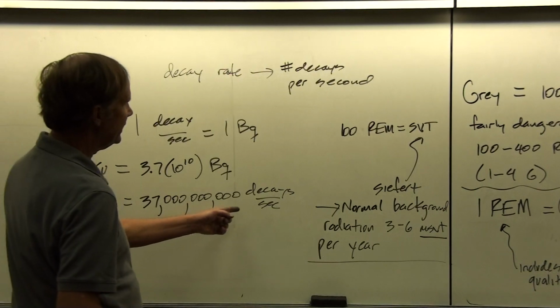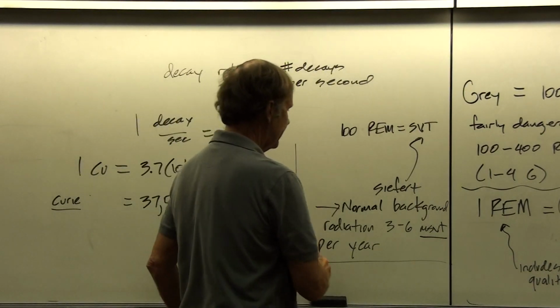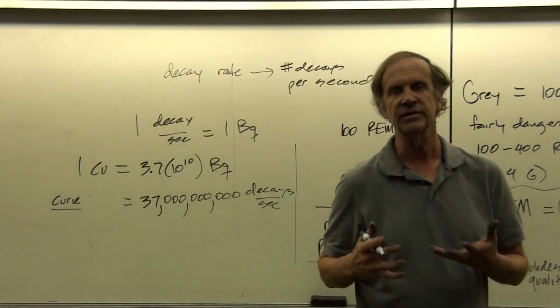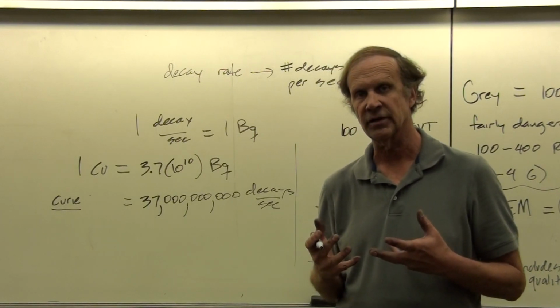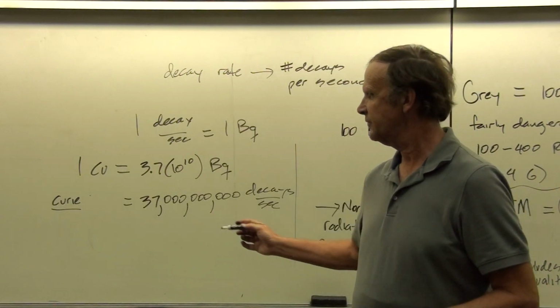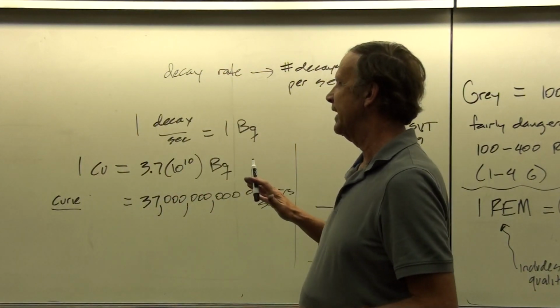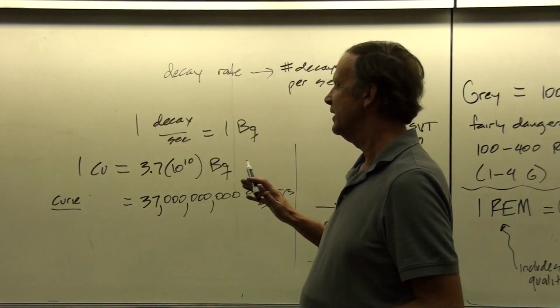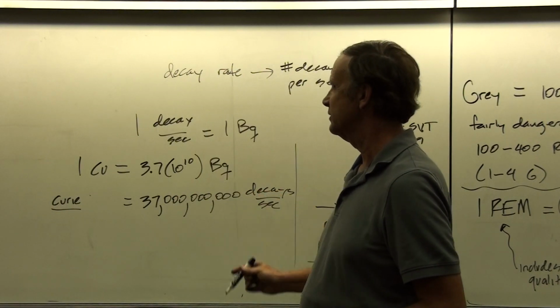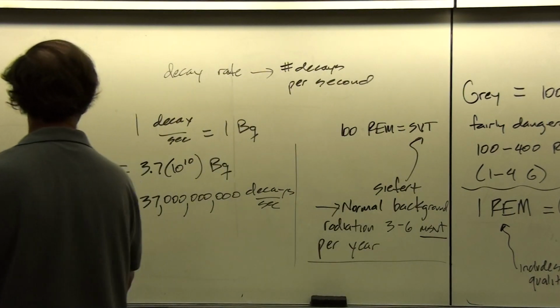Now a Curie has to be defined in terms of being a certain distance away from a radioactive source. So for example, if you took a source of radium and you were a certain distance away from it, then you would get a certain amount of radiation. But the radiation follows an inverse square law.